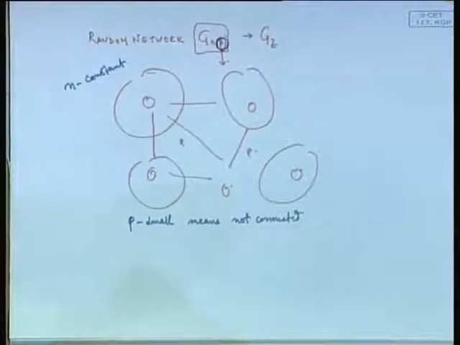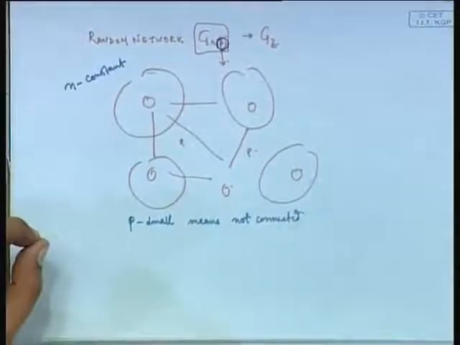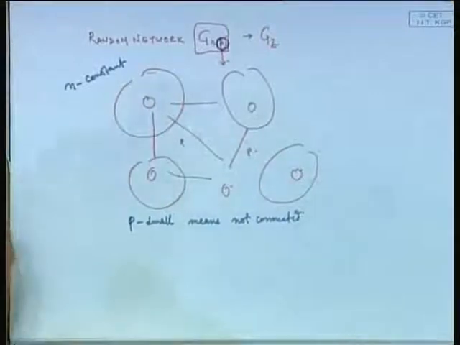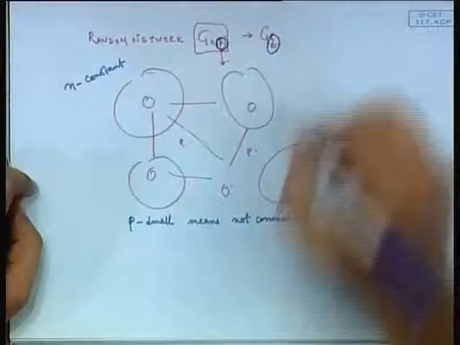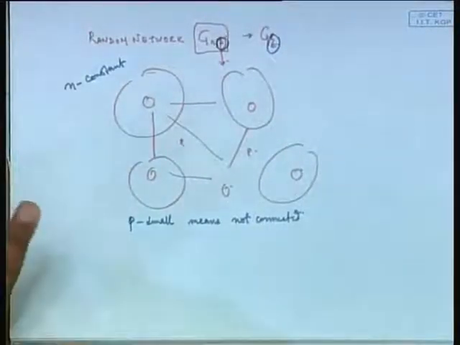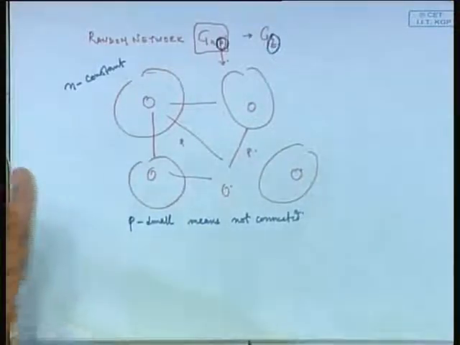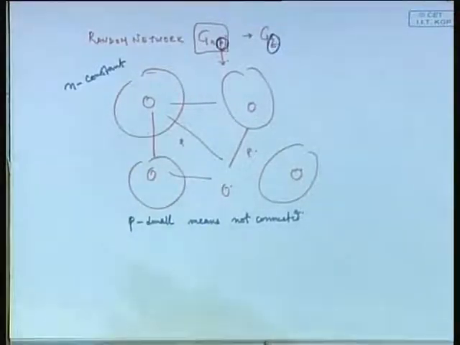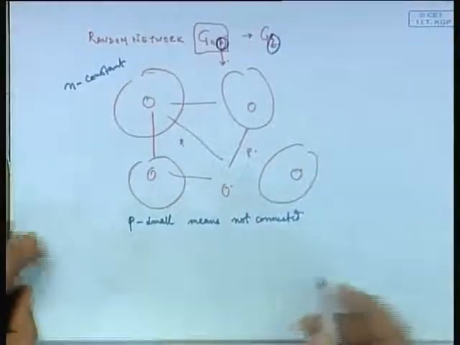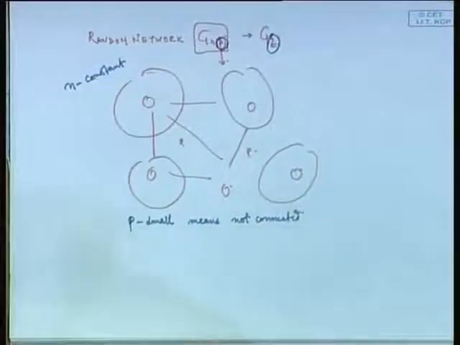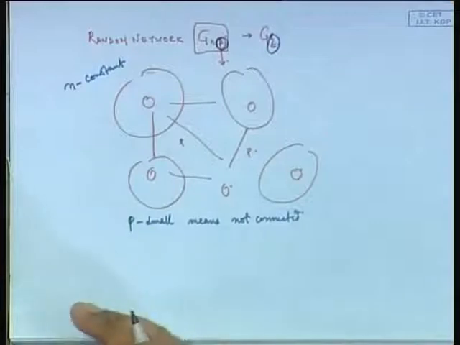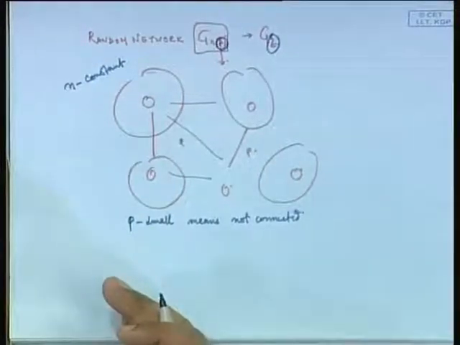As p increases, at a certain point the network will get connected. At a certain p the network will get connected. That is why I was talking of z. So, n stays constant, and at a certain z or at a certain average degree the network will get connected. It is seen, and we will show it also, that it does not depend wholly upon which configuration of the network you are taking.